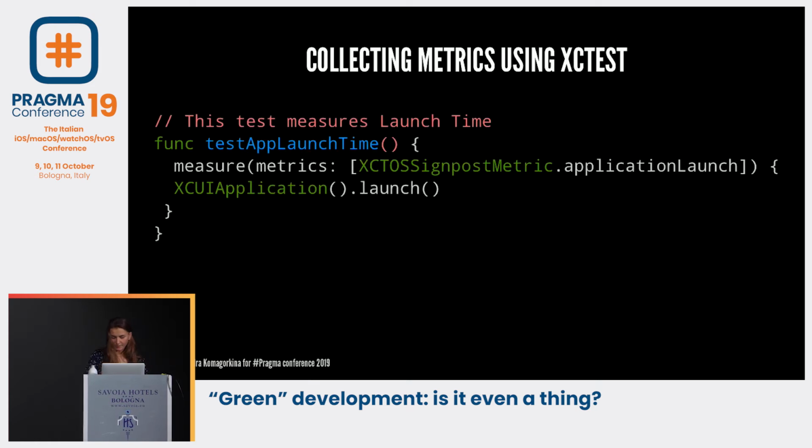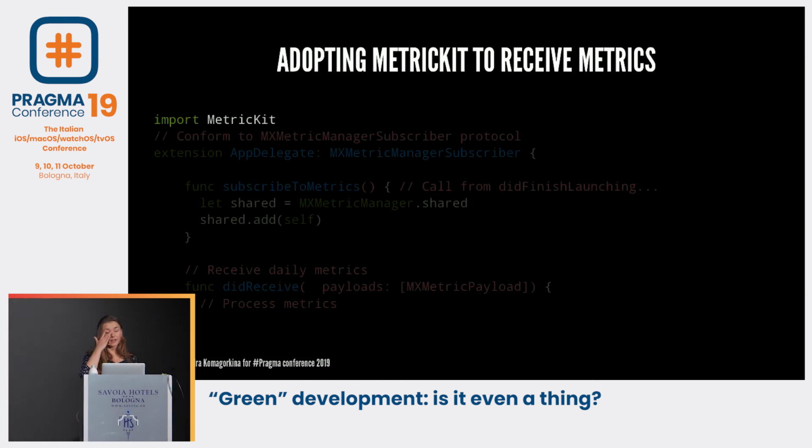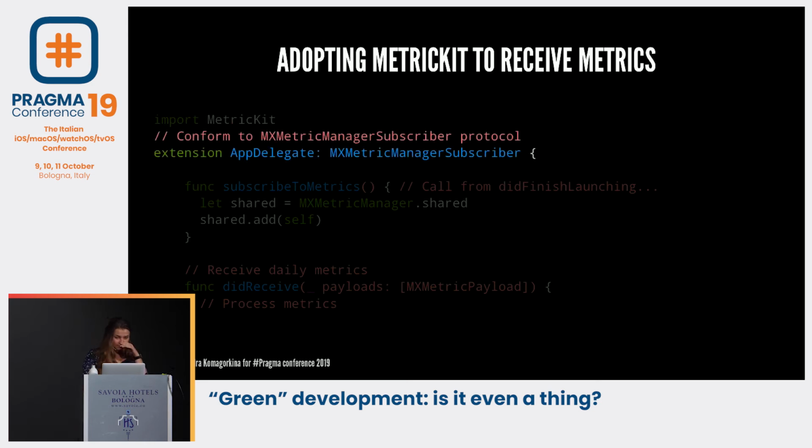This is just an example again. Now we can measure the launch time, which is pretty nice. This is a new thing that we can do. And also we can adopt MetricKit to receive metrics. How can you do it? Basically you import MetricKit. You choose the place where you want to receive metrics, and it's probably wise to do it in the app delegate because it's the entry point of your app.